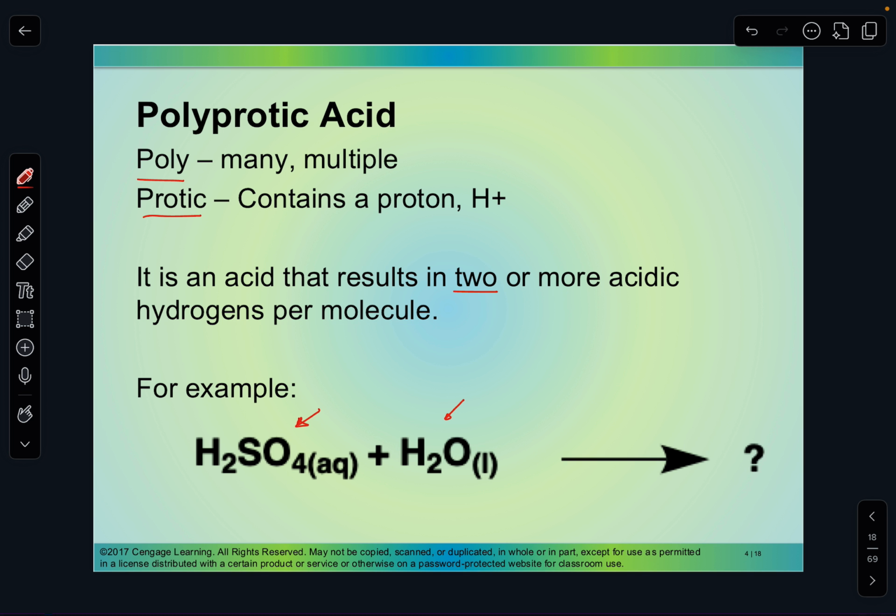And so that's how you will need to balance it. And so what we get on the other side is H3O+ and SO4 2-. And so we need to balance that out. Put a 2 here, put a 2 here. There we go.